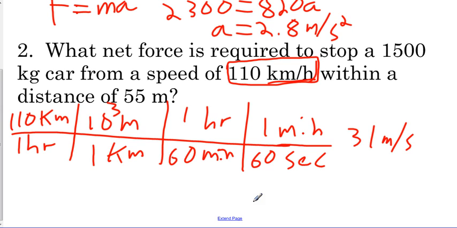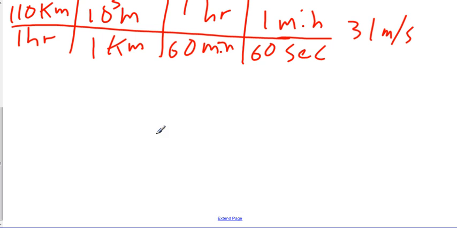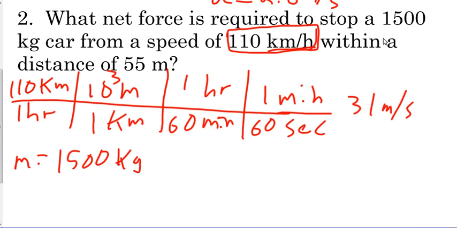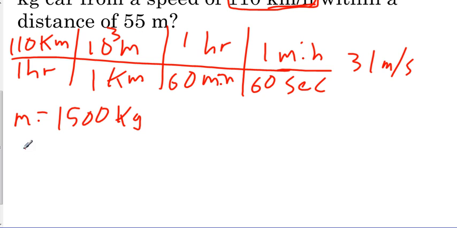Now, since we've done that conversion, we need to start thinking about what is given to us and what we are asked to find. That's how we should approach any of these practice problems. And so we are given the mass, and so let me expand the page a little bit. We have the mass of 1,500 kilograms. We are given this distance of 55 meters.